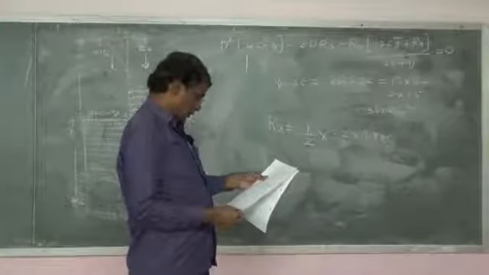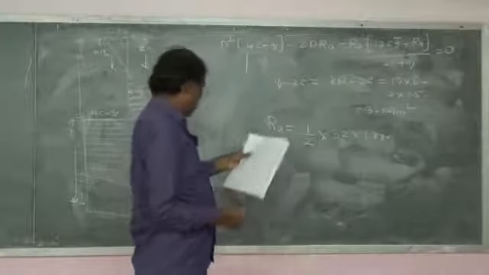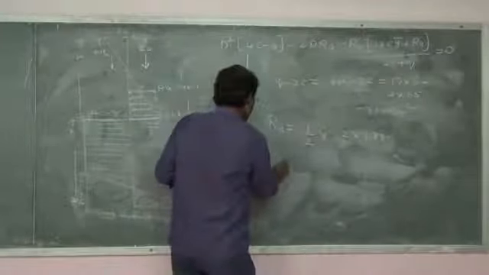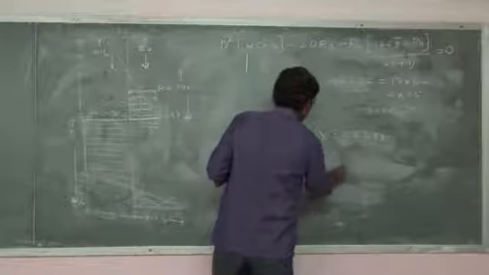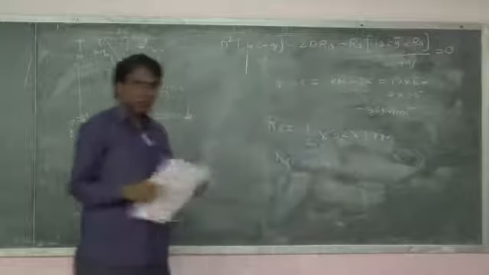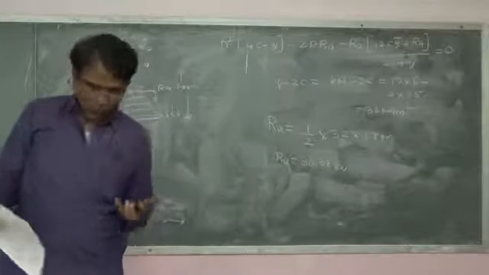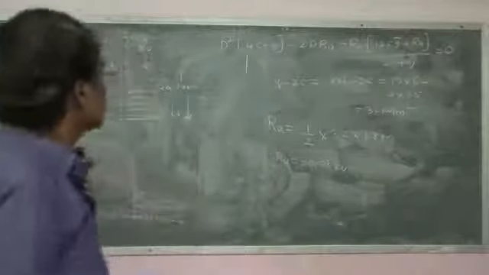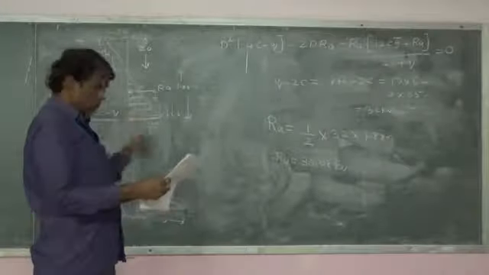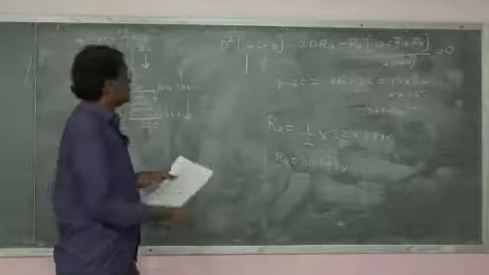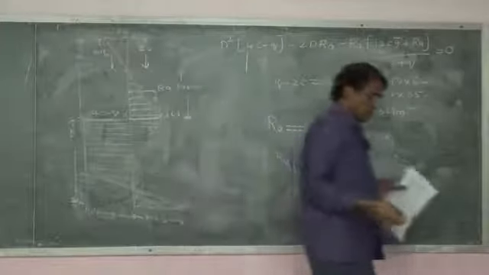If you simplify this, you will get RA equal to 30.08 kilonewton. So this value you got here.